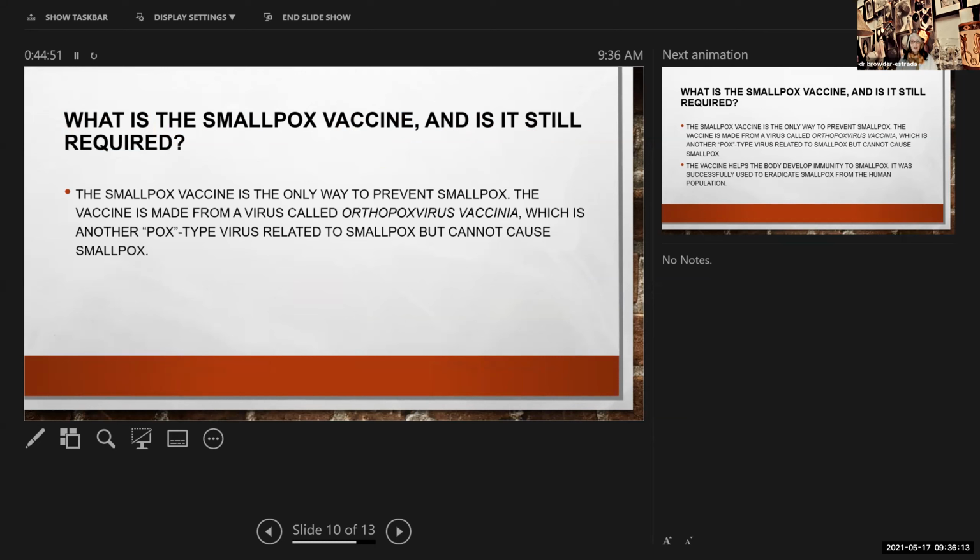And so smallpox vaccine is made from a related virus, orthopox virus vaccinia, but it can't cause the disease in case you're in the military and you've had this. It helps your body develop antibodies, immunity to smallpox. And this is what they use to eradicate smallpox from humans all over the world. And the program's great, right? It's talking about all the people that volunteered years of their time to help the world become healthy.